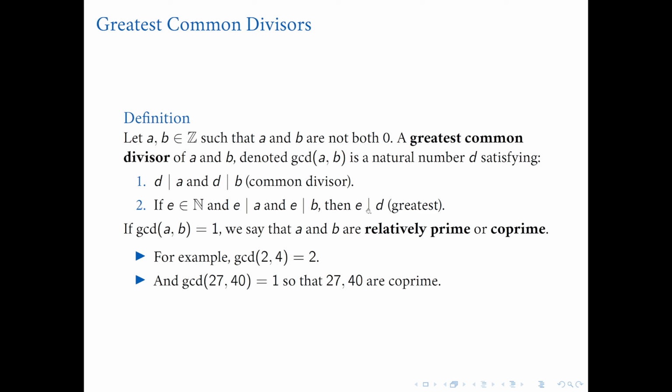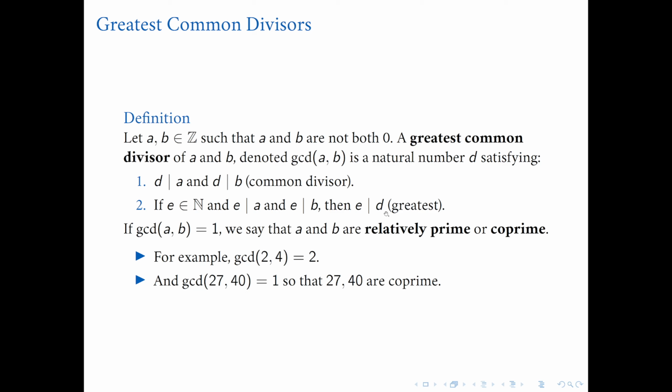And the second property is a way of defining the greatest part. So if we had any other natural number that divides both of them, it should somehow be smaller than d. And one of the ways in which we can say that is that if we had any other number that divided both of them, it should divide d. d should be bigger than it, right?